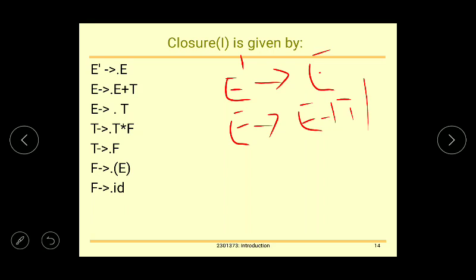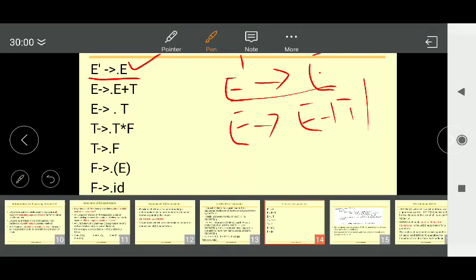So how to compute closure of I? Which is our first production? The first production is E dash gives E. So first add this particular production with the dot in the beginning: E dash gives dot E. Then when this is added, you can observe that our dot is followed by non-terminal E. According to our second step, we need to add the productions of that particular non-terminal.